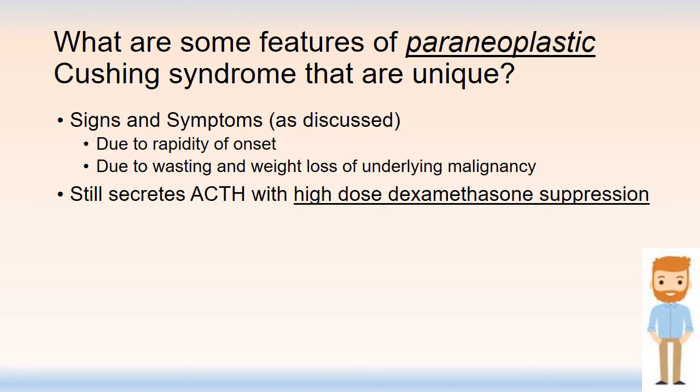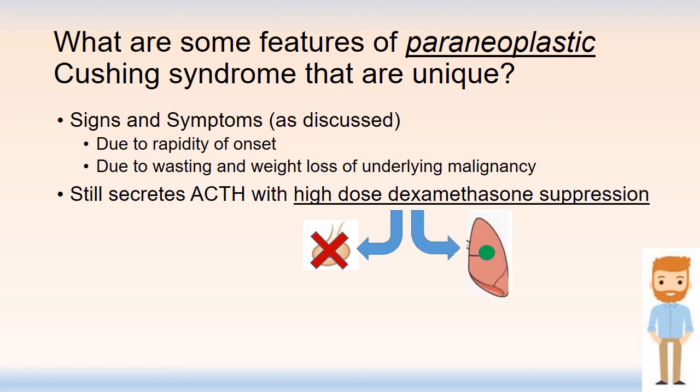Another unique feature of paraneoplastic Cushing syndrome is the result of the test called high-dose dexamethasone suppression testing. Essentially, when you are looking at an ACTH elevation and you're trying to figure out where it's coming from, you can give high-dose dexamethasone. If you have a pituitary adenoma that is responsible for secreting ACTH, if you give a high dose of dexamethasone, a pituitary adenoma typically will suppress ACTH production.